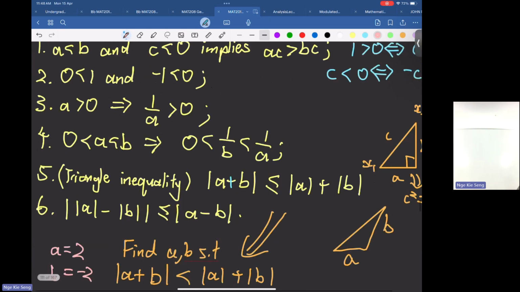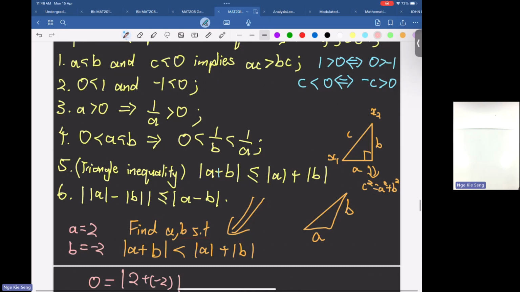Actually I should define modulus for you, right? Do you still remember what modulus means? What's the definition of modulus A? It is A when A is greater than 0, and minus A if A is less than or equal to 0.